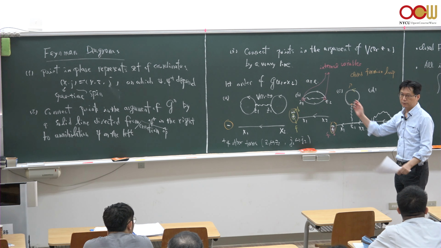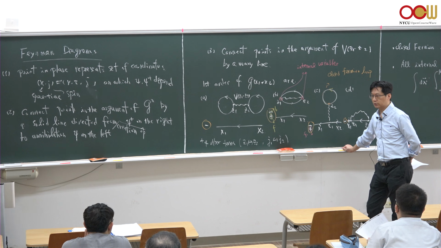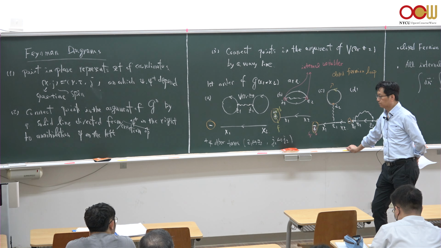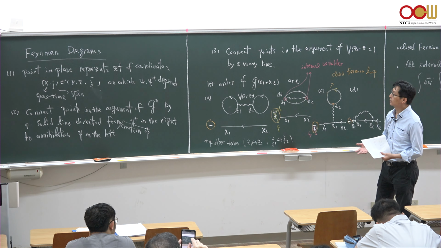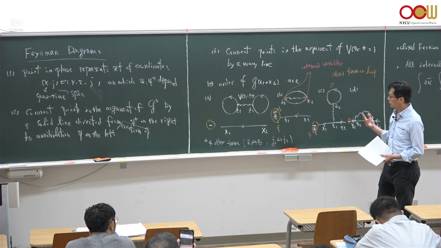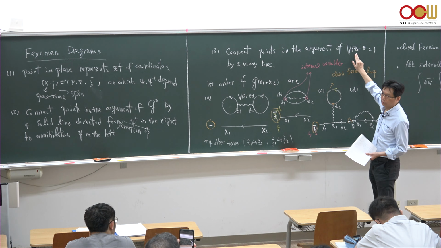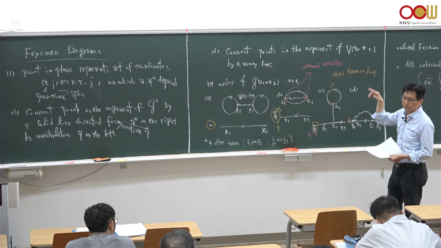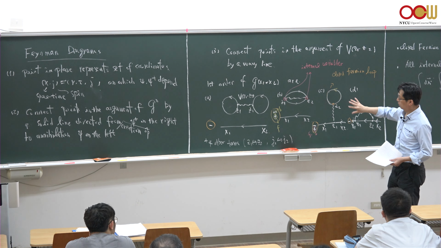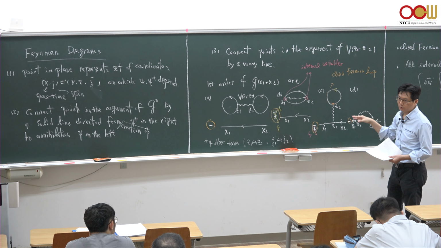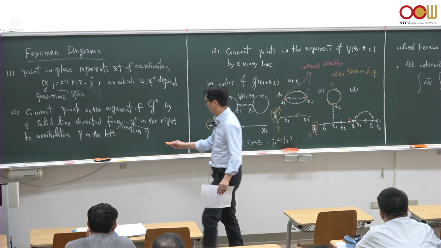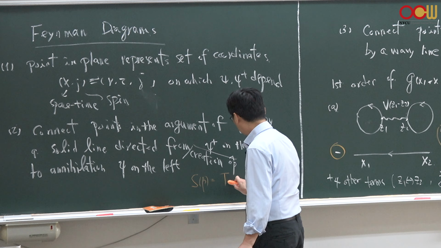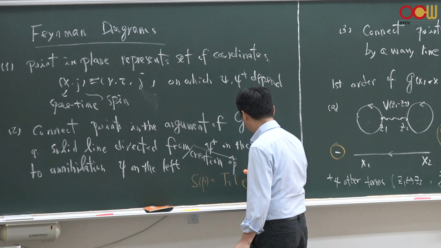Remember this S matrix, or this unitary evolution operator. Upon Taylor expansion, you can actually expand in powers of this interaction V, or U, and as a result, we have to integrate over all these internal degrees of freedom associated with that time evolution operator. Remember, this S matrix is a time-ordered exponential.